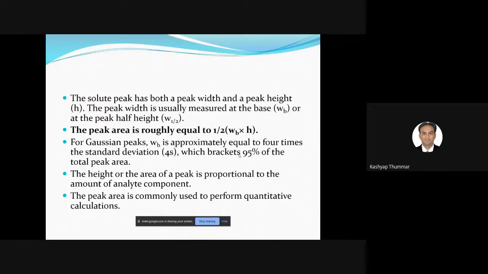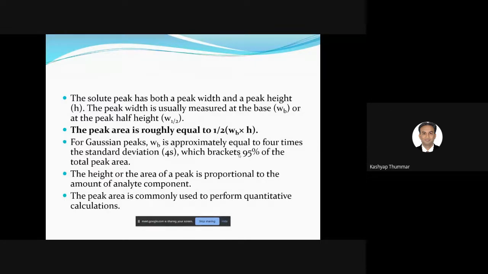It is very important, because in chromatography quantitation is done on the peak area or peak height. If you are using the USP peak area, then the peak width is considered at the half height. Otherwise it is considered at the base.